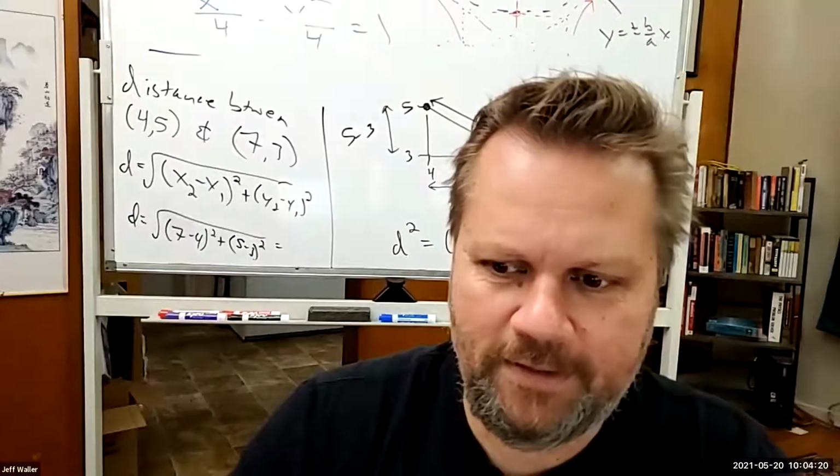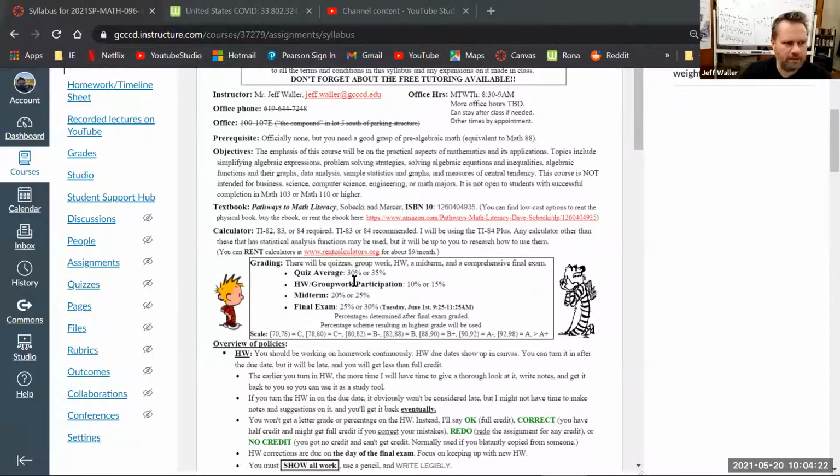All right, so let's see. What was your quiz average again? 84. So do 0.3, just to kind of assume the worst. Do 0.3 times 84, plus 0.2 times your midterm, which was 80.